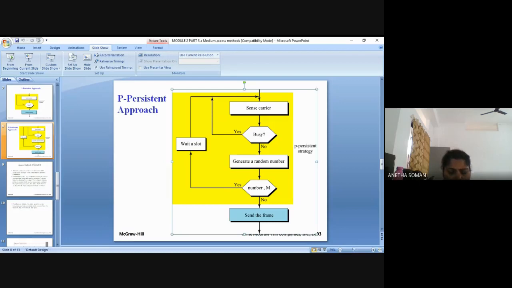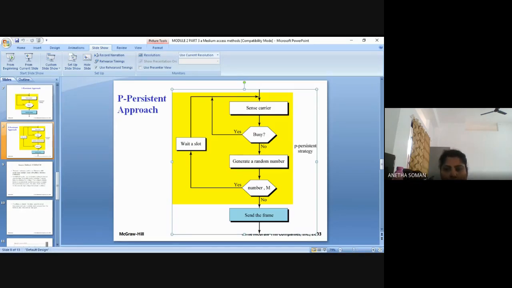Now what is the meaning of that? What happens if the P value is 0.2? When the P value is 0.2, it means that each station, after sensing the line and finding it idle, will send the frame with a probability of 0.2. That means 20% of the time. Understood? It sends with a probability of 0.2, meaning only 20% of the time it sends the frame, and it refrains from sending with a probability 1 minus P. 1 minus P, the answer is 0.8.